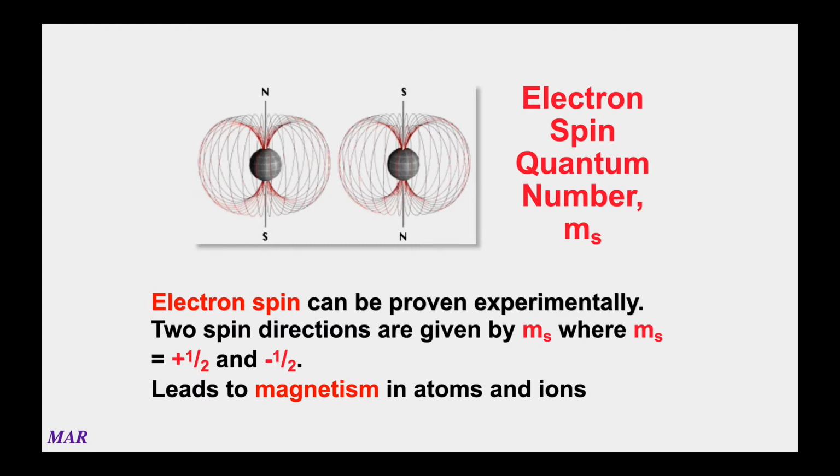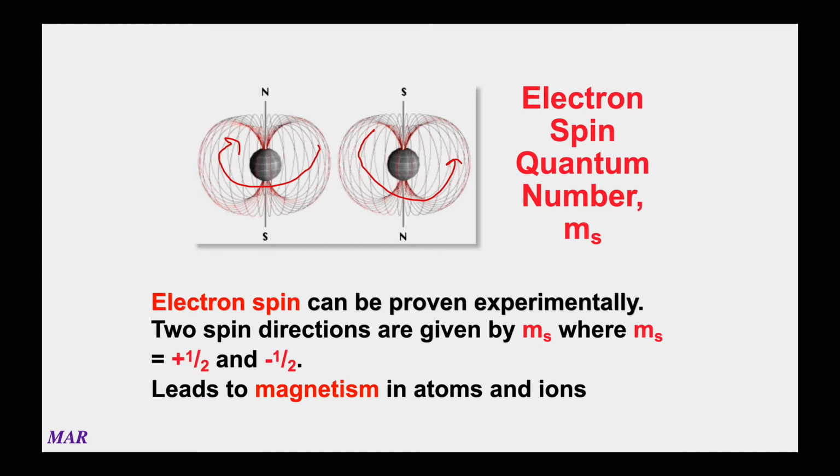In the video I just showed, the electron on the left was spinning this way, like if you were looking down from the north, it would look like it was going clockwise. But the other electron was spinning in the opposite way, so if you were looking straight down, it would look like it was going anti-clockwise.